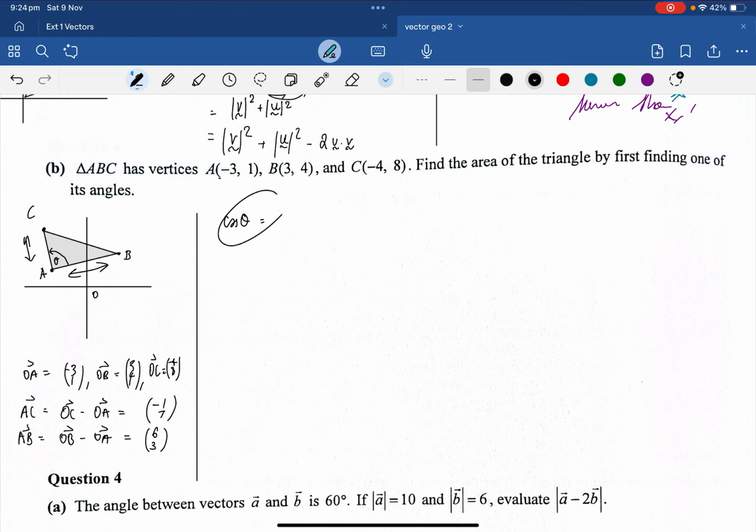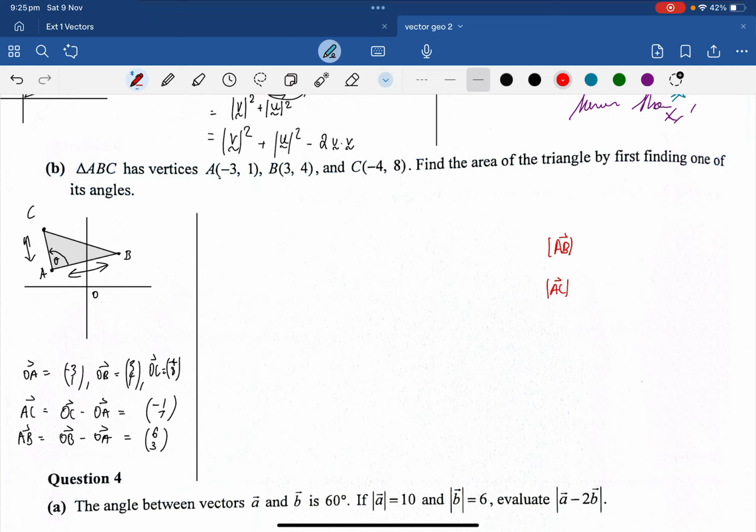Before we write the cos theta, let's do our basic analysis here, in our star. What is vector AB? Remember our vector AB. Let's write the magnitudes of vectors AB and AC.